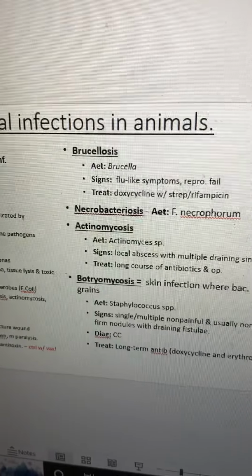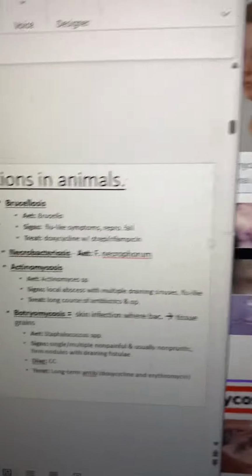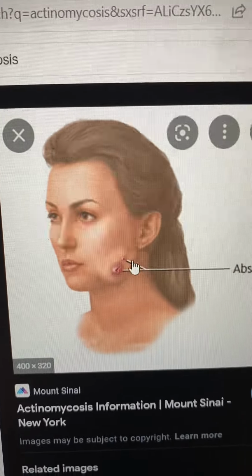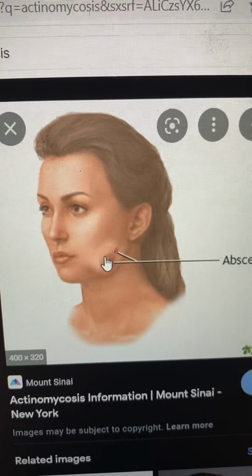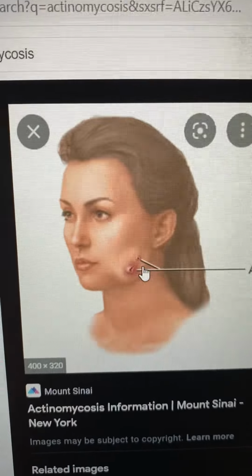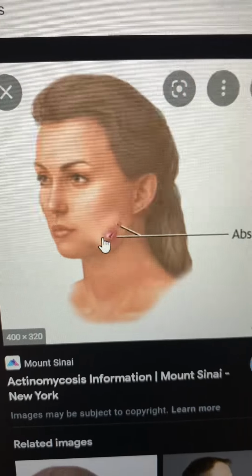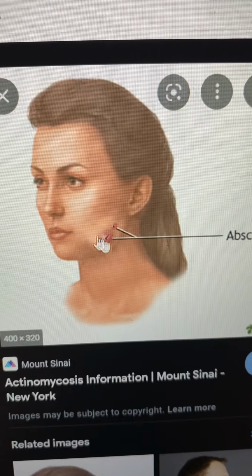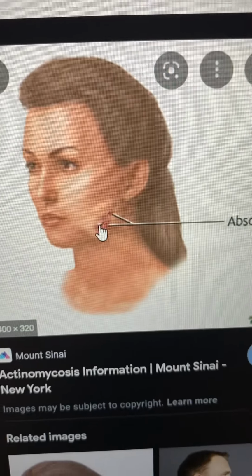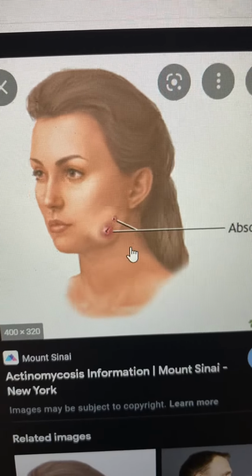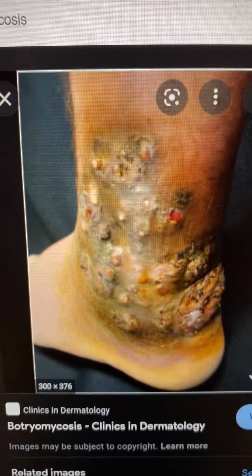I'll show you the name here, and what it causes is a local abscess formation with multiple draining sites. You can see how this could occur from a surgery, like if you had a wisdom tooth removed but it wasn't done aseptically. And of course, you'll have to treat it with a long course of antibiotics, and operatively, you'll have to actually drain the abscess.